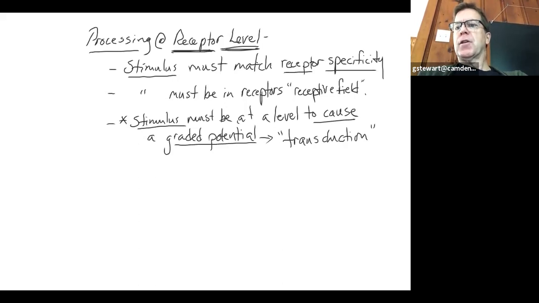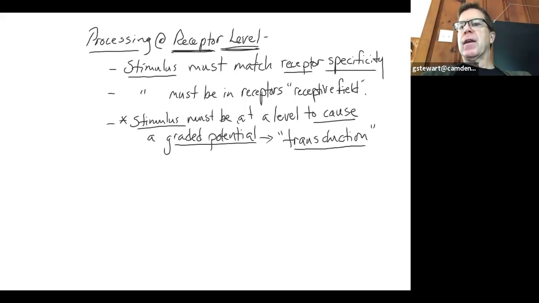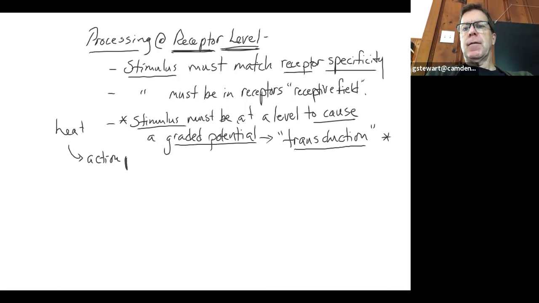Think of transduction as the process of turning some sort of environmental stimulus into a neural electrical response. That's what we're doing here. We're turning temperature, heat, into an action potential to fire a stimulus to our brain.